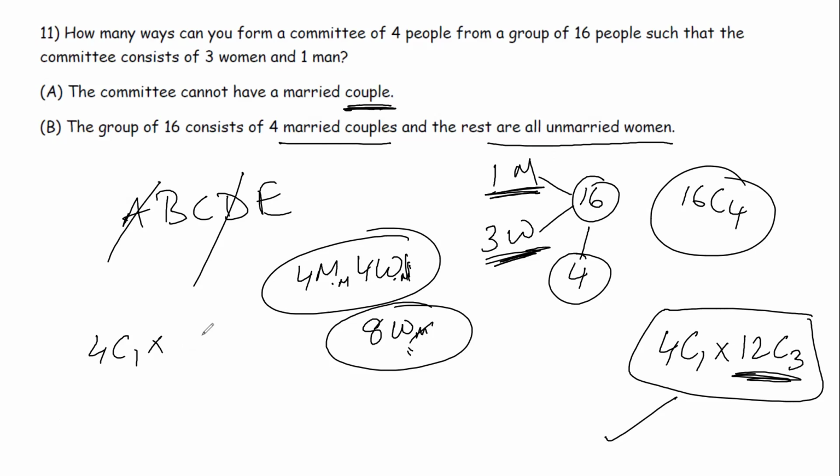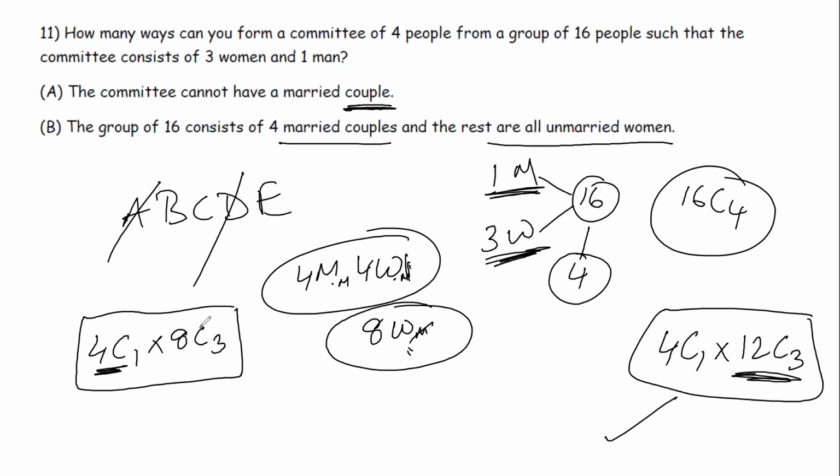I can do 8C3. This will make sure that I've got 3 women who are not married to one of the men chosen. Correct? And these 3 women are from the unmarried group.